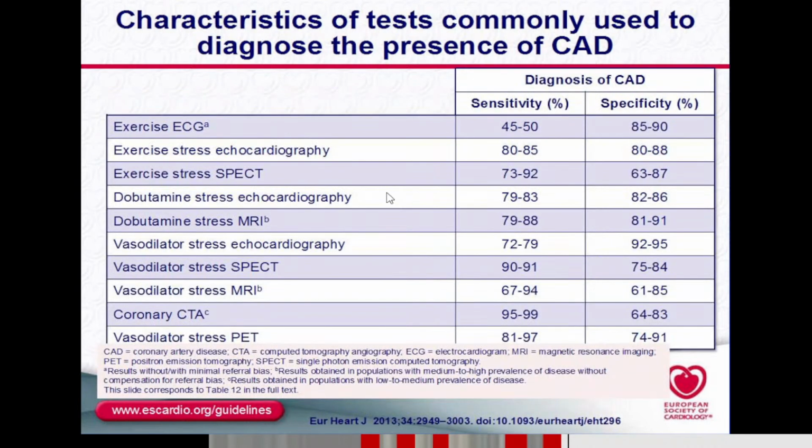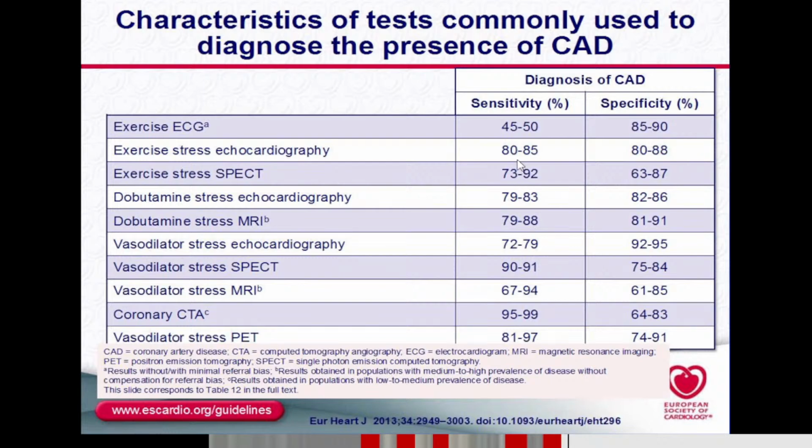And we can compare the sensitivity and specificity of the non-invasive tests commonly used to diagnose the presence of coronary artery disease. And you see here that exercise ECG, treadmill or bicycle ergometry, has rather low sensitivity but high specificity.